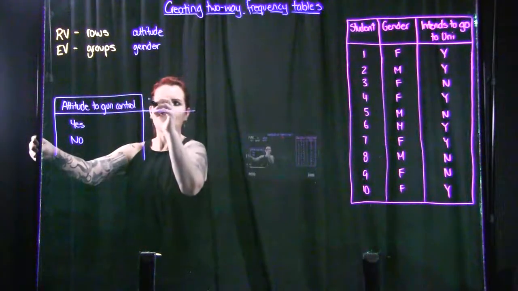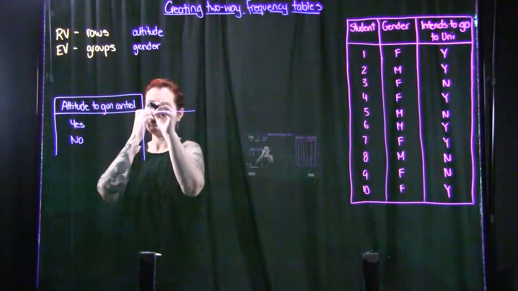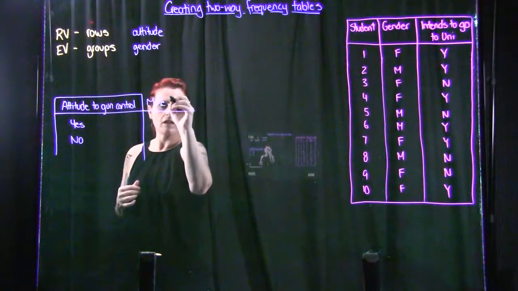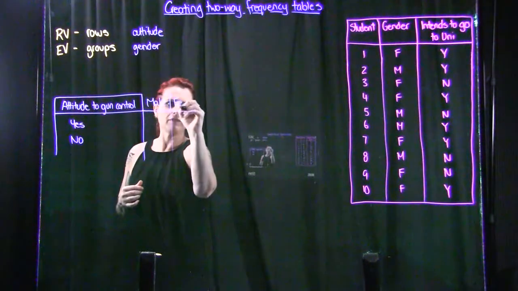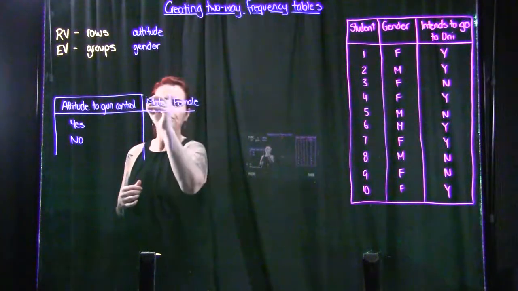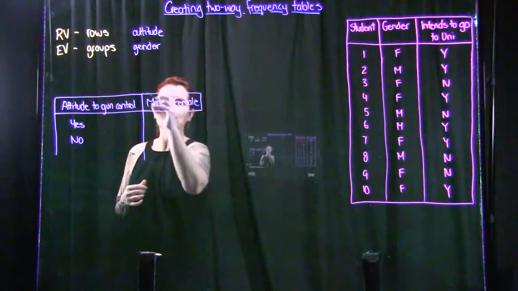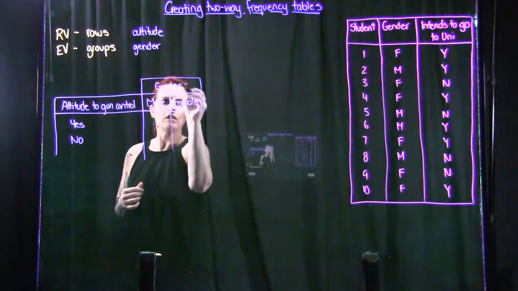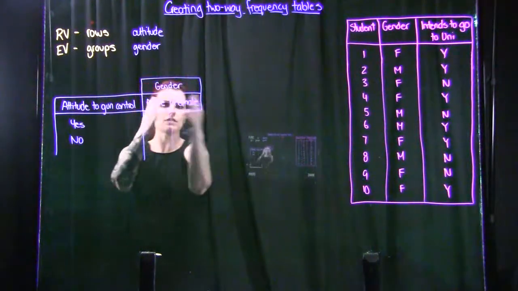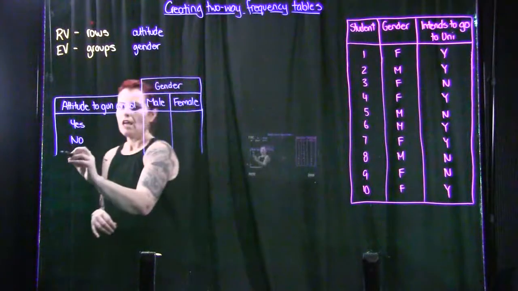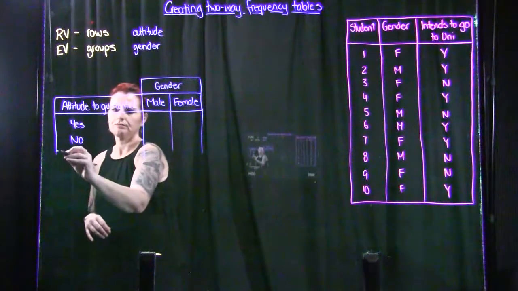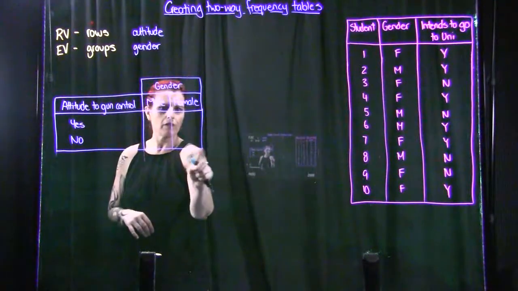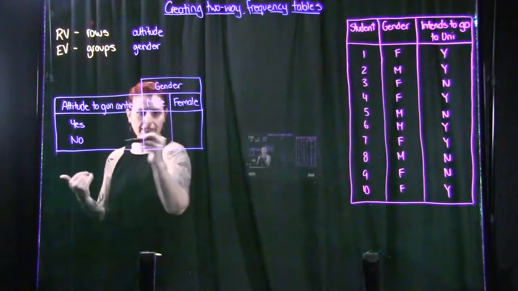Over here, we're going to have our explanatory variable of gender, so we're going to have male and female. Just above that, I'll give the title gender. Let's fix that up. Okay, so yes and no, male and female.